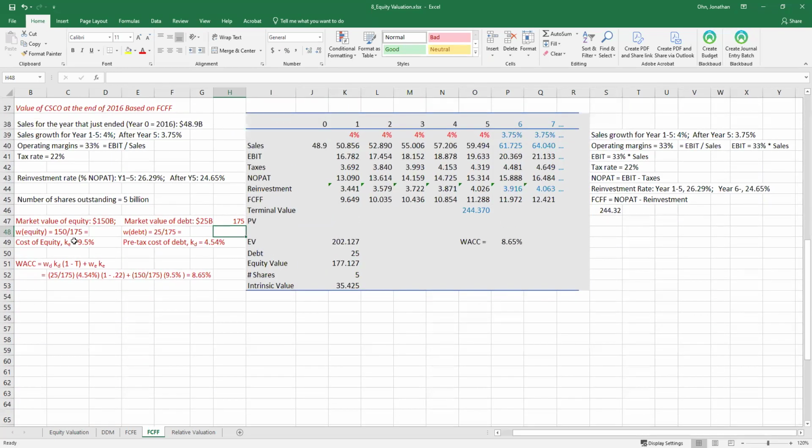To calculate the weighted average cost of capital, it is the weight of equity times the cost of equity, plus the weight of debt times the cost of debt.